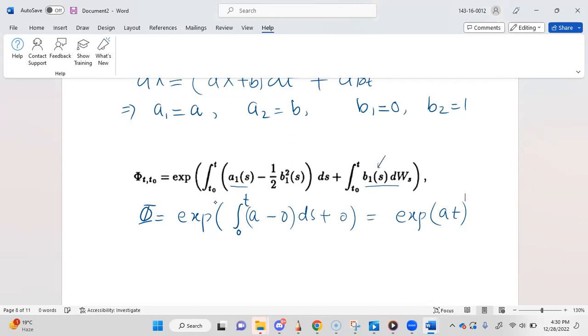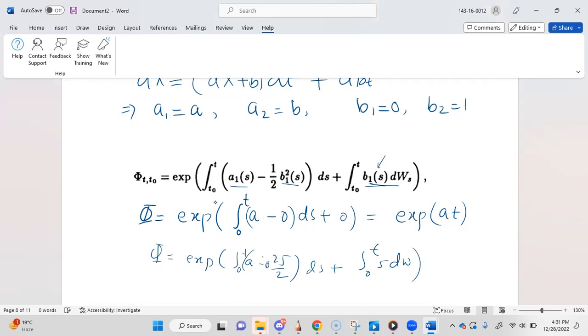Then you should have written the b1 value here, and then this would have come. If b1 was equal to 5, then it would have been exponential of the integral from 0 to t of (a minus 25 over 2) ds plus the integral from 0 to t of 5 dW.